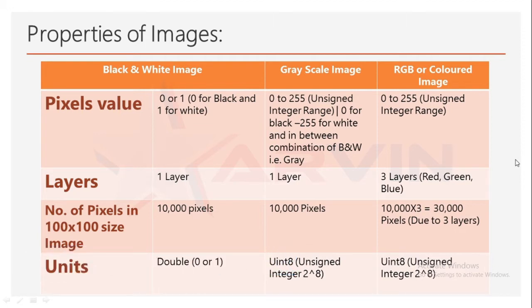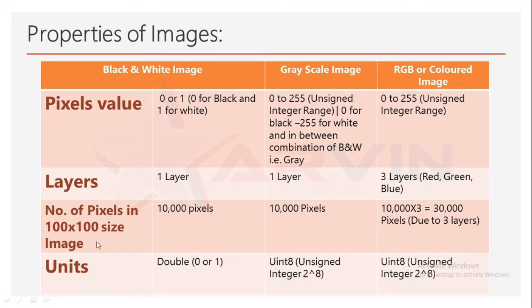If we talk about the number of pixels in a 100 by 100 image, for black and white it has 10,000 pixels due to one layer, and the same in grayscale, 10,000 pixels, because grayscale also has one layer. But a colored image has three layers, so the pixels in a 100 by 100 image are 30,000.